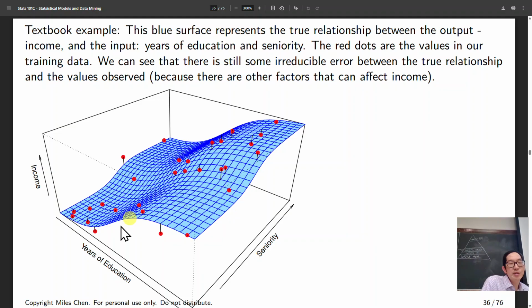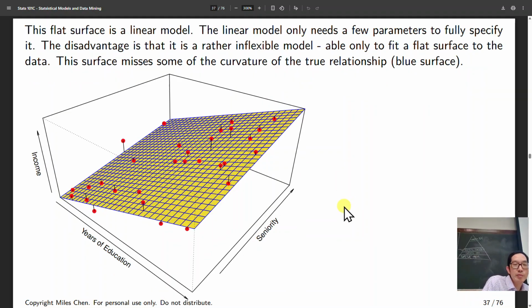And what we want to do is figure out, can we figure out what this surface should be, okay? And we have a few different ways we can go about it, right? We can fit a functional, this is a parametric model. This is a linear model, okay? And in this case, linear means, in 3D, a linear surface would be a plane, okay? And so here we have a relationship, years of education, there's a linear relationship, right?